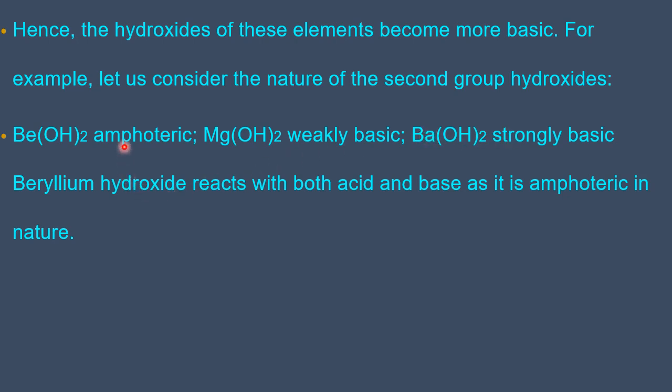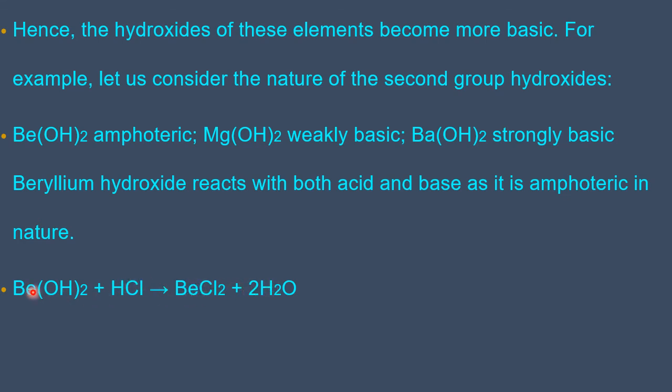That means though they are the hydroxides of the same family, the behavior is different due to the small size of beryllium, especially beryllium. Beryllium hydroxide reacts with both acid and the base as it is amphoteric in nature. Let us see how it reacts. Beryllium hydroxide with HCl gives beryllium chloride and water.